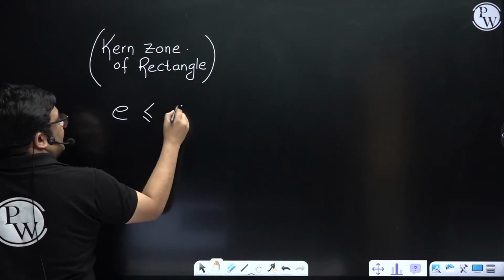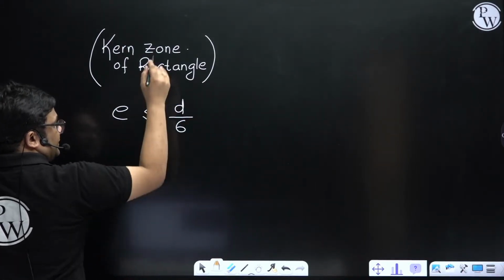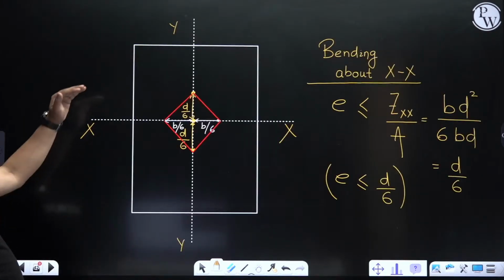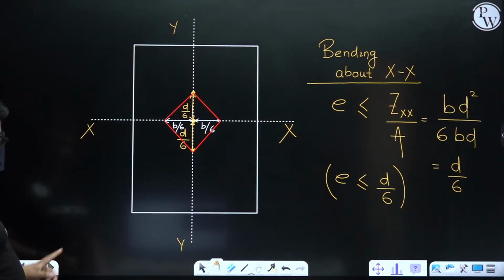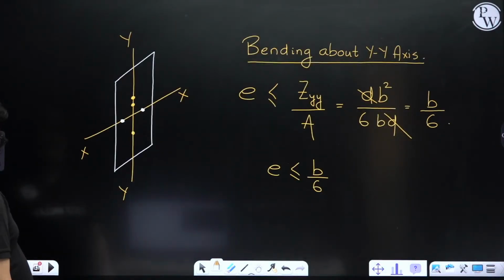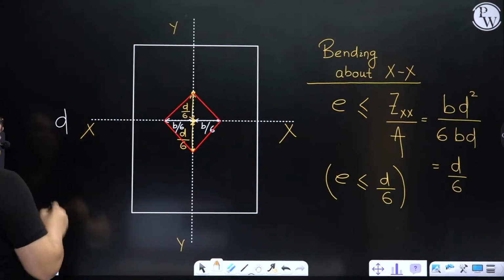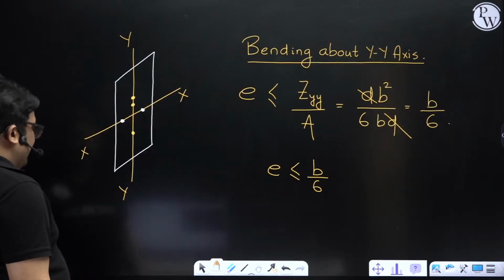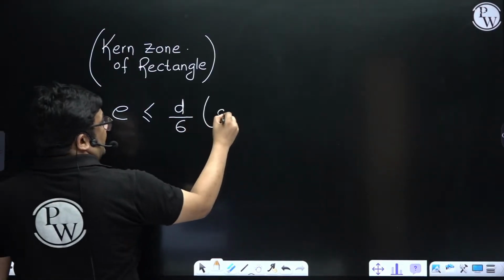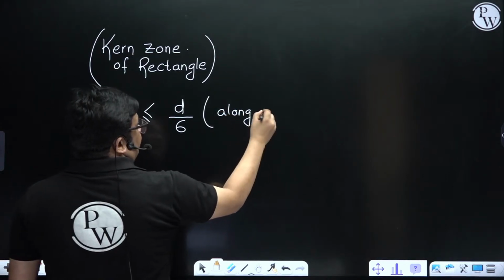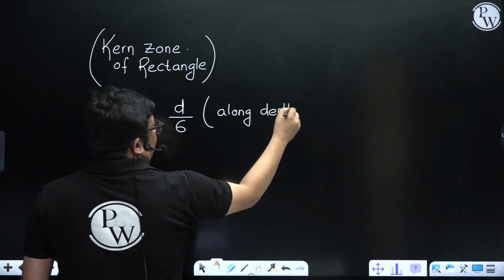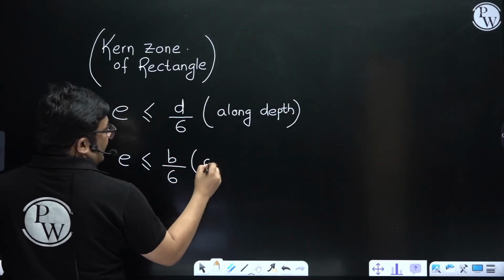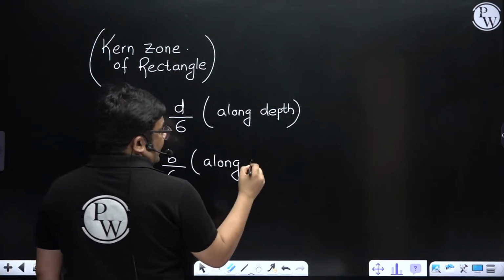Eccentricities are less than D by 6 along the depth, because depth is this one. And it is less than or equal to B by 6 along the width.